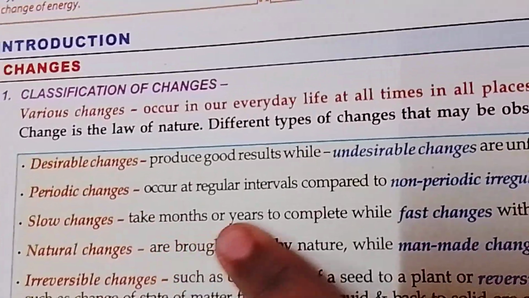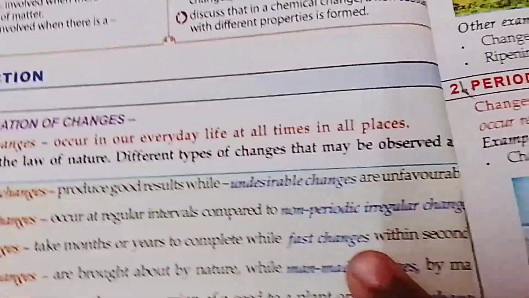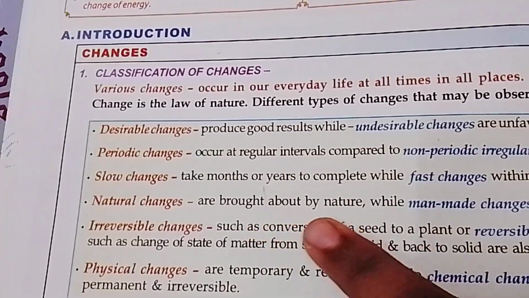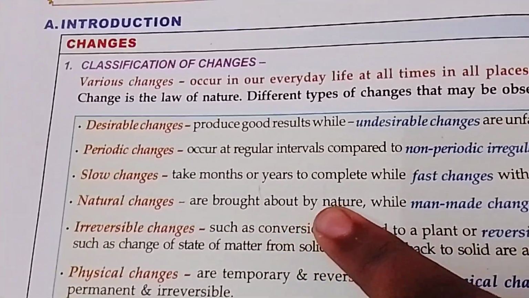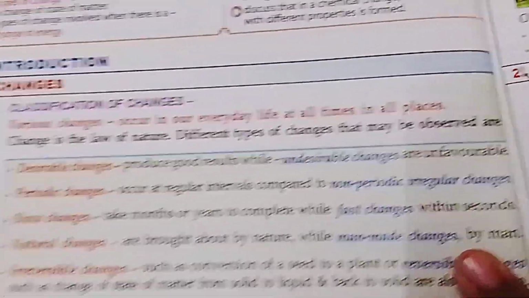Slow changes take months or years to complete, while fast changes happen within seconds. Natural changes are brought about by nature, while man-made changes are brought about by man.